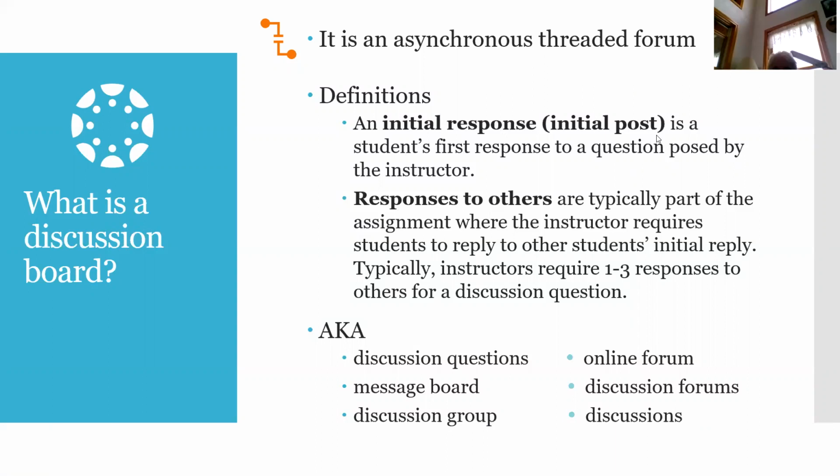I can't think of a time when I haven't used this. The initial response is when the student does their initial response, which is the meat of what's going to be graded for them. And then typically you want others to respond to them.